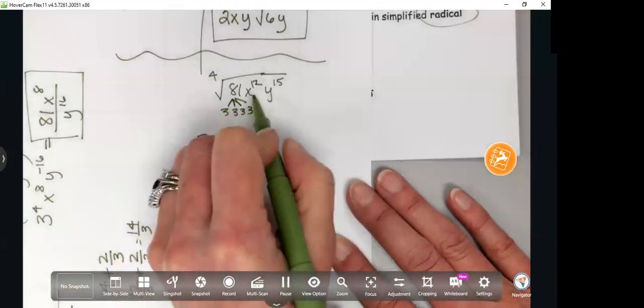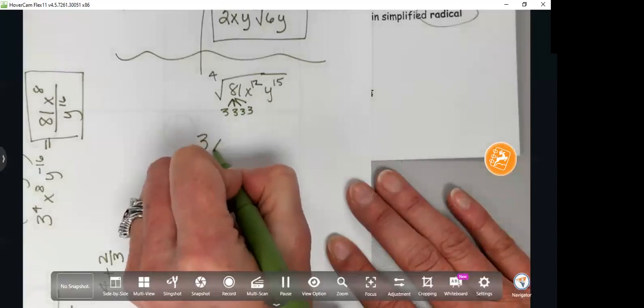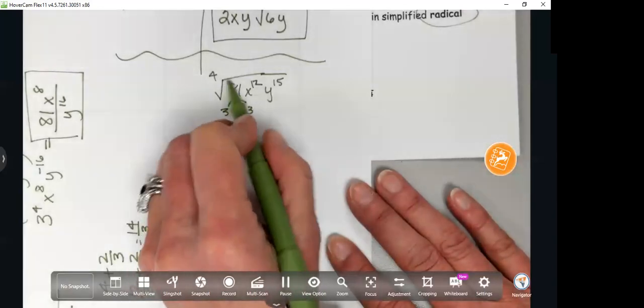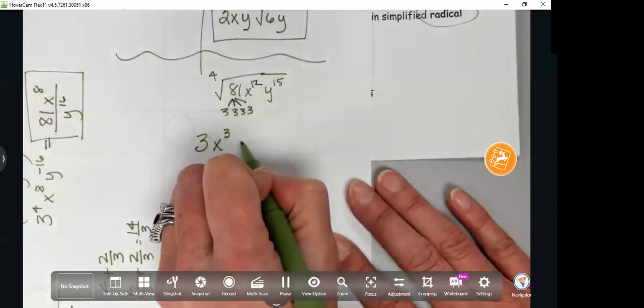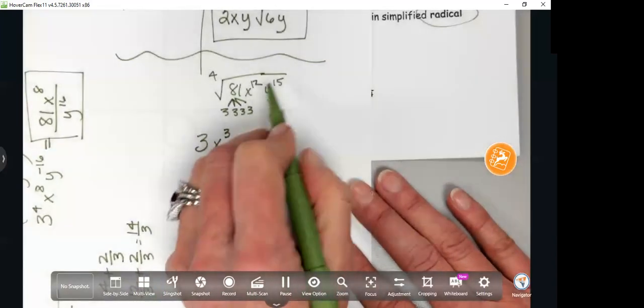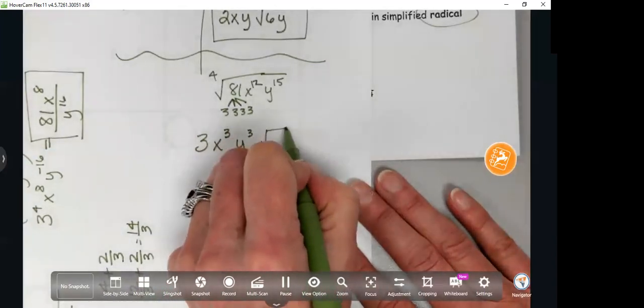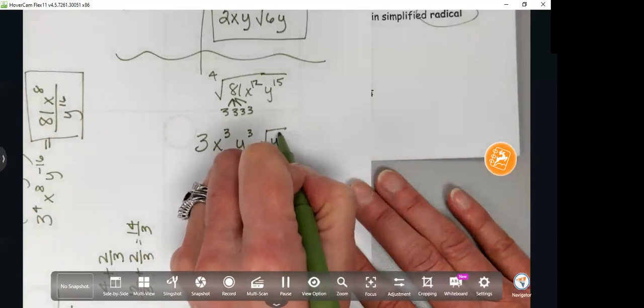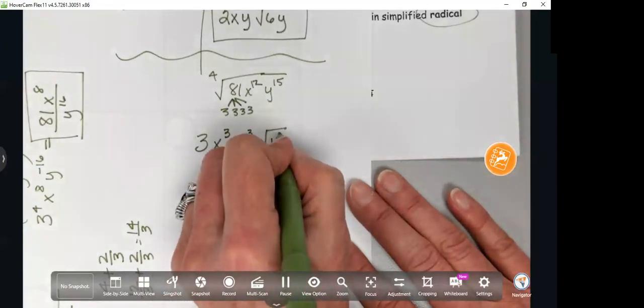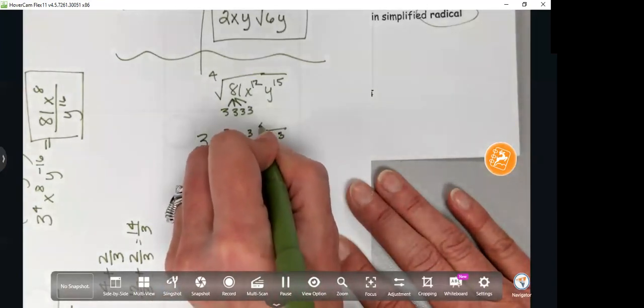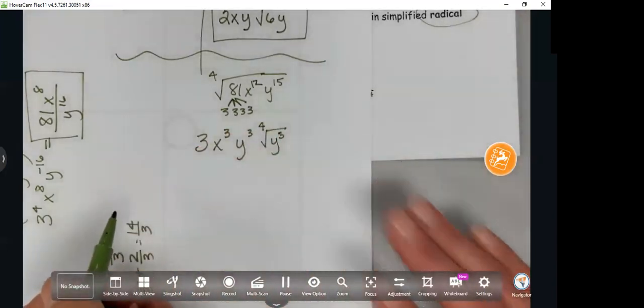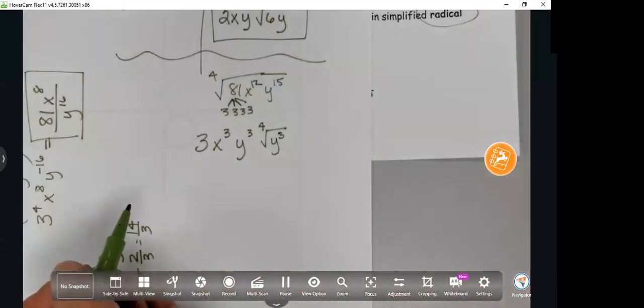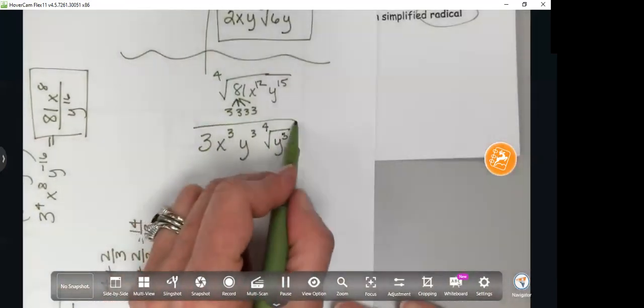So I can take 3 out. 12 divided by 4 is an even 3. And 15 divided by 4 is going to be 3, but I have 3 y's left over. Lots of 3's in that answer. And there it is.